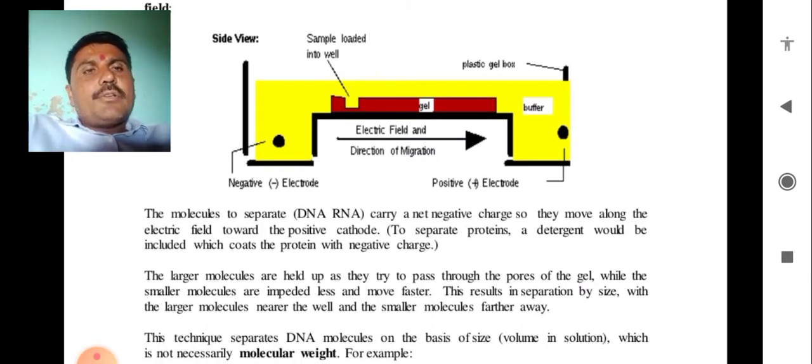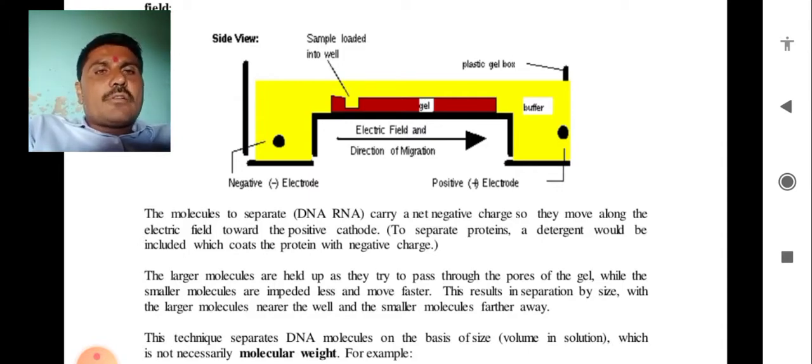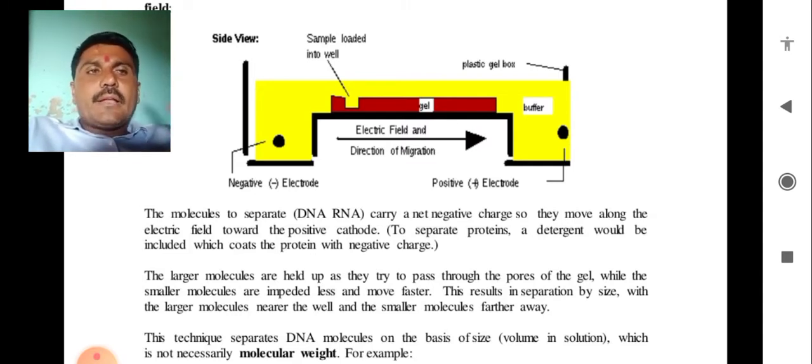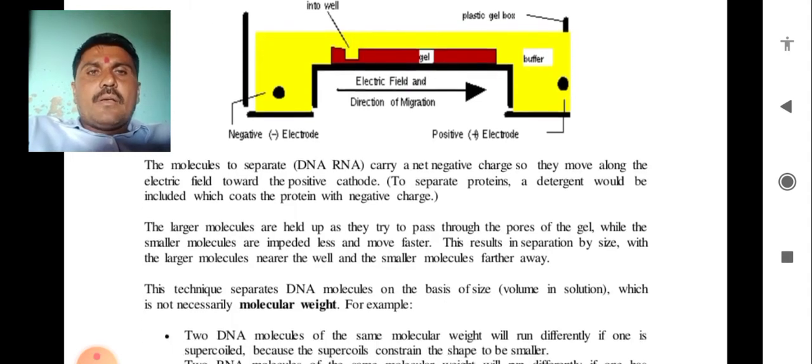So friends, the molecules of DNA and RNA carry a net negative charge, so they move along the electric field towards the positive electrode. When it separates proteins, a detergent is included which coats the protein with a negative charge. The larger molecules are held up as they have to pass through the pores of the gel.